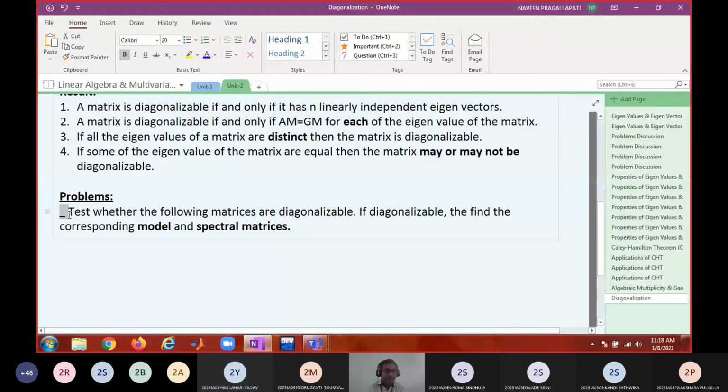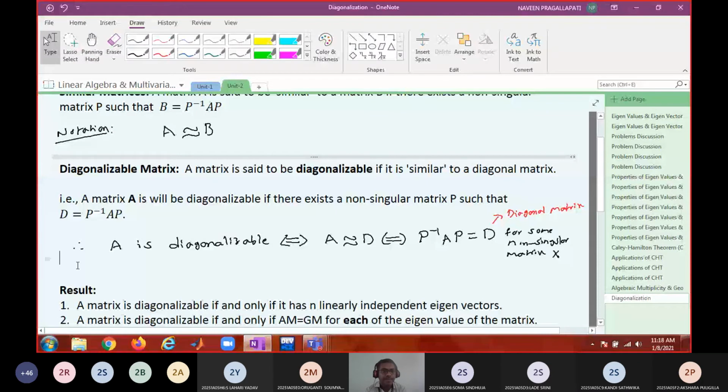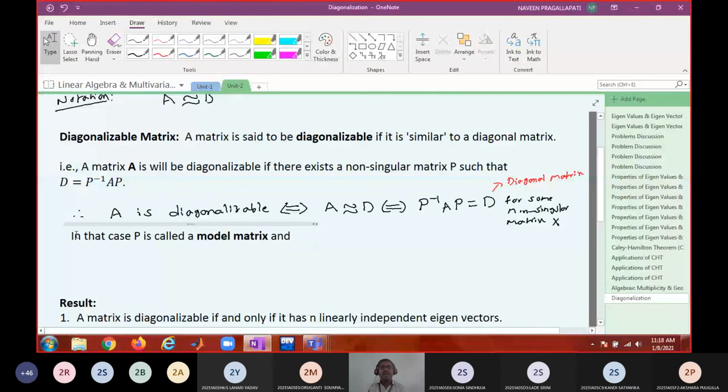Here, you add one more comment. In that case, P is called a model matrix and D is called the spectral matrix.